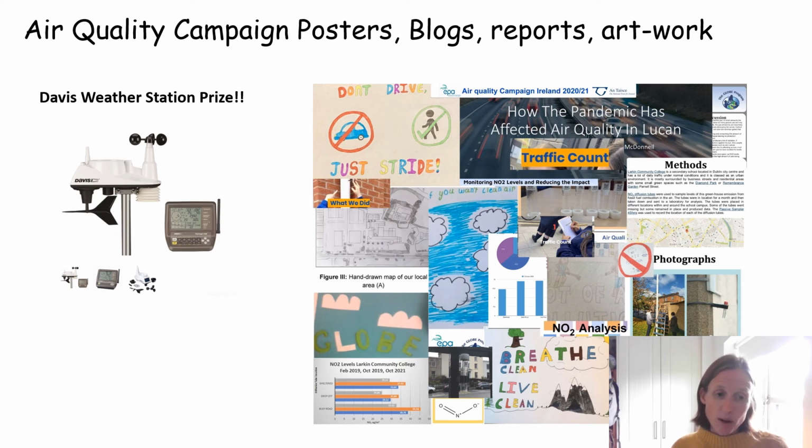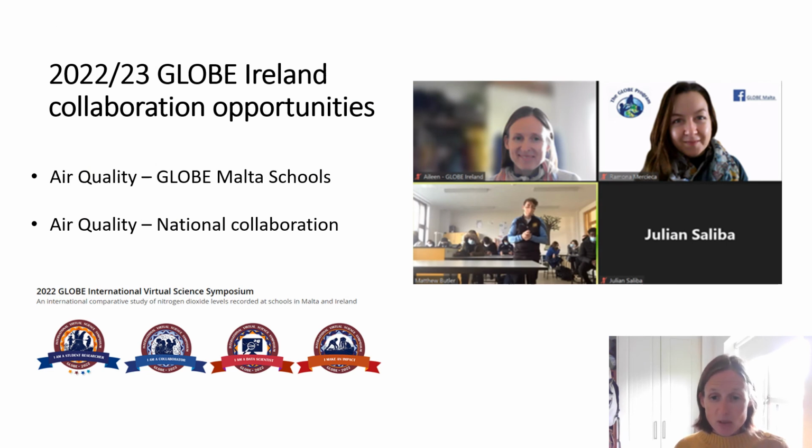Because we're part of the Globe programme, and there's a huge network of countries out there working on similar projects, we will have Globe Malta again this year working with us in tandem on this Globe air quality campaign. They will be measuring NO2 on Gozo, an island off of Malta, and they are looking for schools to collaborate with.